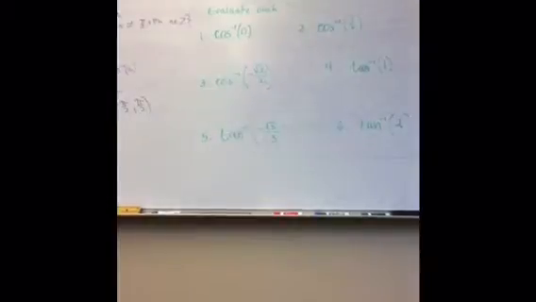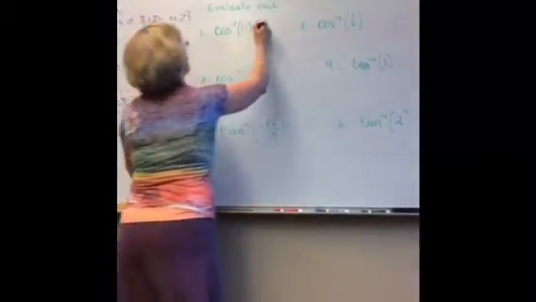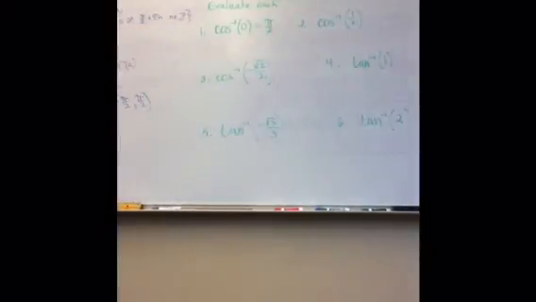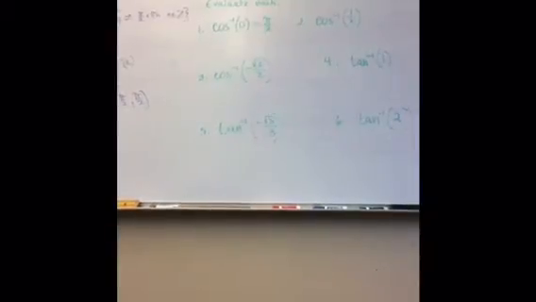Dallas? Pi over 2. Okay, how many of you agree with Dallas? Okay, yes. But you can also go 3 pi over 2, and that's also 0, so how do you know which one?